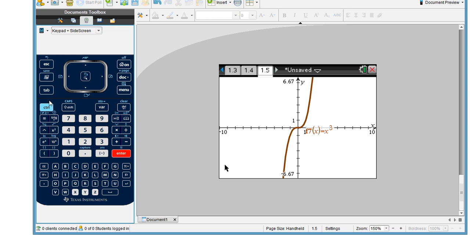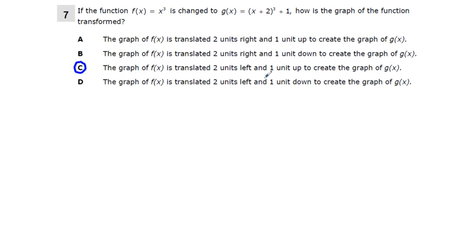And we want to go ahead and put in a quantity x plus 2 cubed, to the third power. And I believe this was plus 1, wasn't it? Yeah. So we're moving the center to the left and up 1. So that confirms our answer choice C.